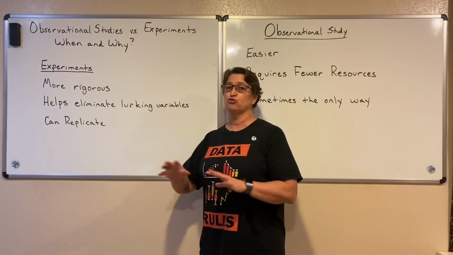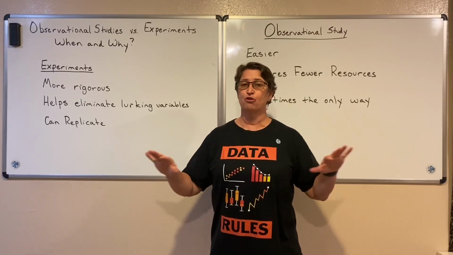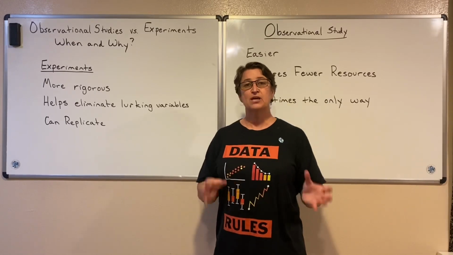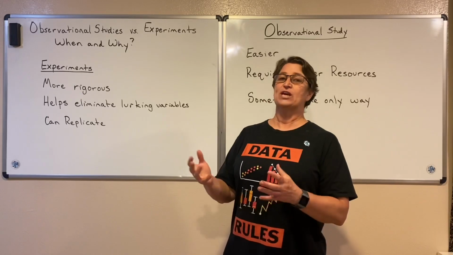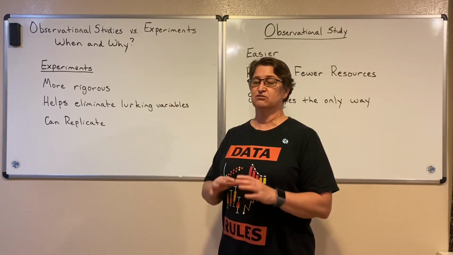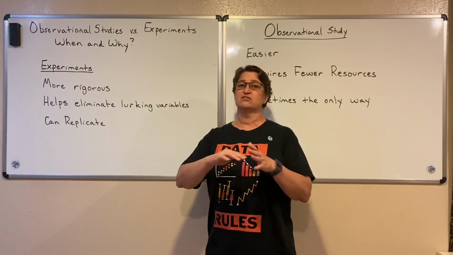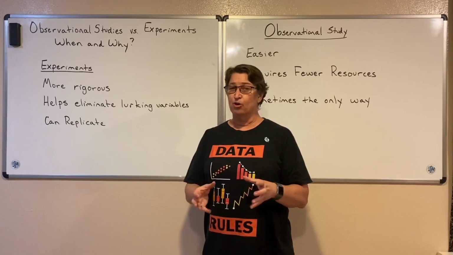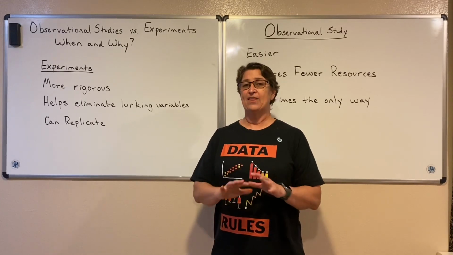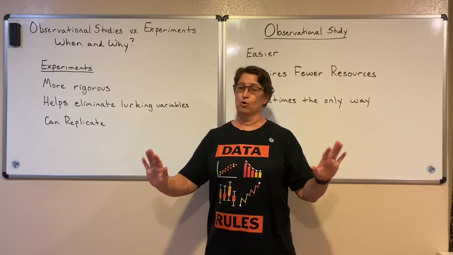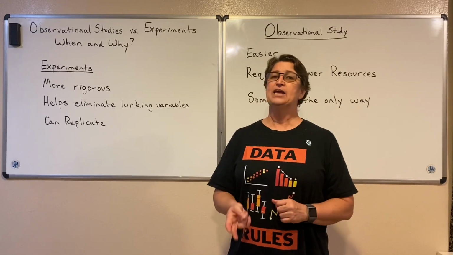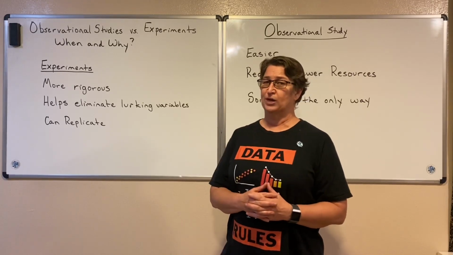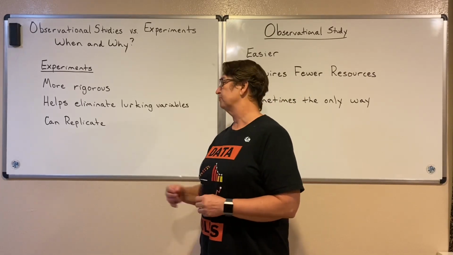It helps us to eliminate all other outside variables because we can set up our environment and we can choose our subjects so that everyone looks the same. Our environment is all the same, and that helps to exclude our outside variables. Then we can better tell if there's a relationship between two variables.